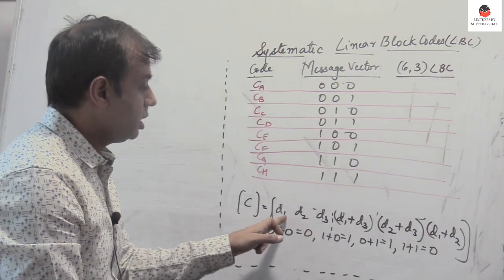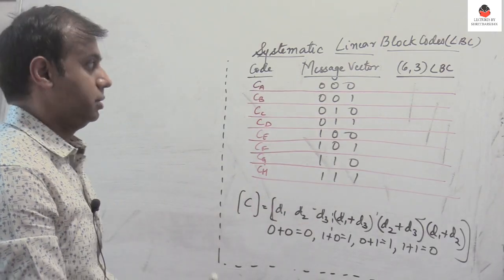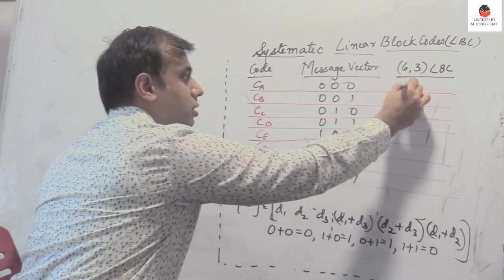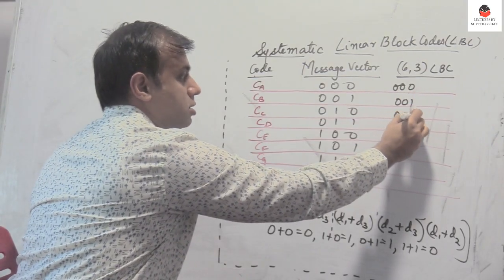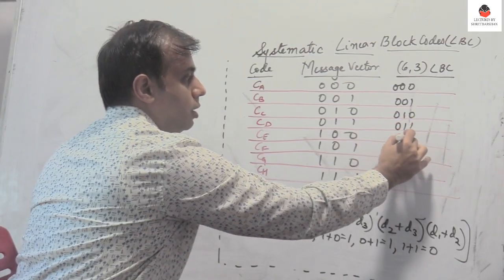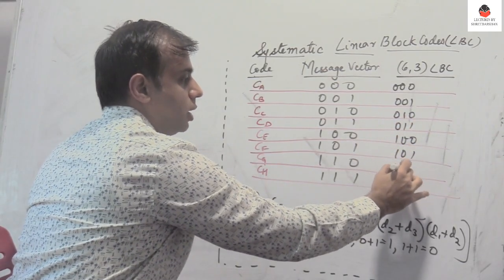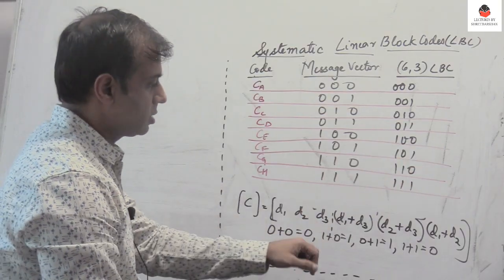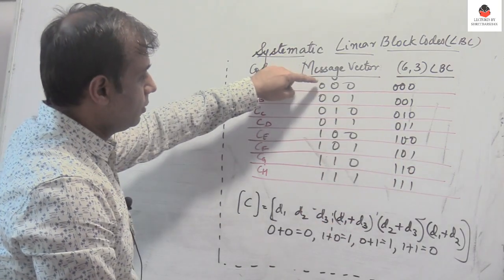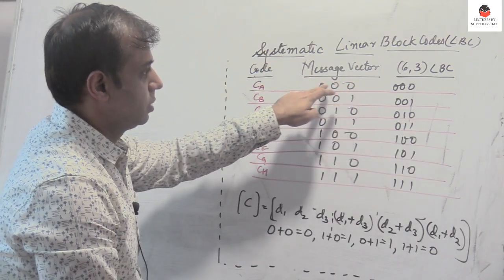The first 3 bits correspond to the message vector, right? So I can write the first 3 bits as 000, 001, 010, 011, 100, 101, 110, 111. Next, the fourth bit would be the first and the third bit.